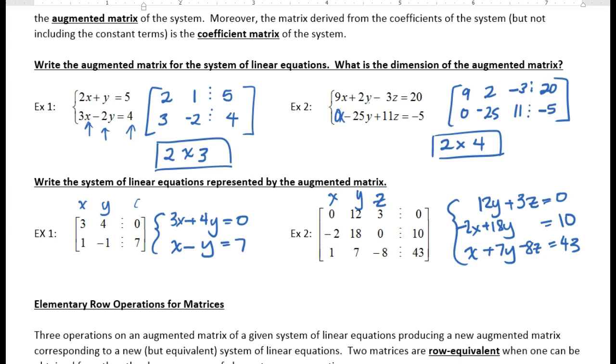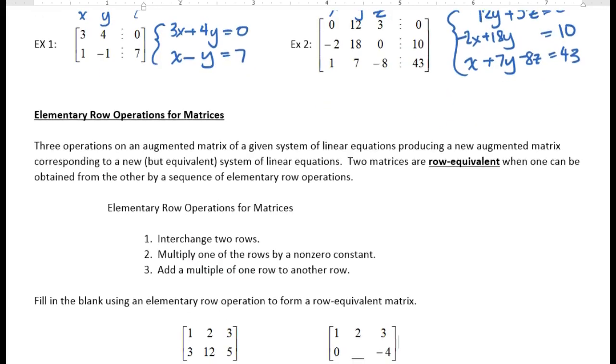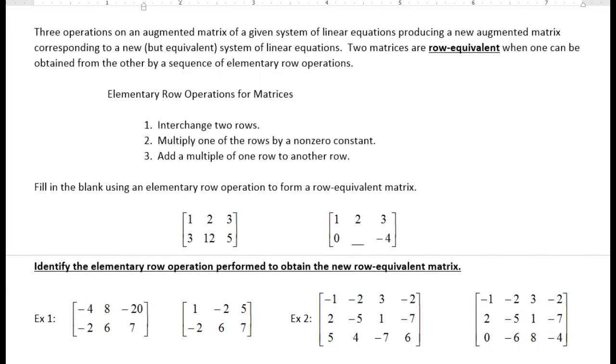All right, moving on. There are 3 operations on an augmented matrix of a given system of linear equations that produce a new augmented matrix corresponding to a new but equivalent system of linear equations. The 2 matrices are row equivalent when one can be obtained from the other by a sequence of elementary row operations.